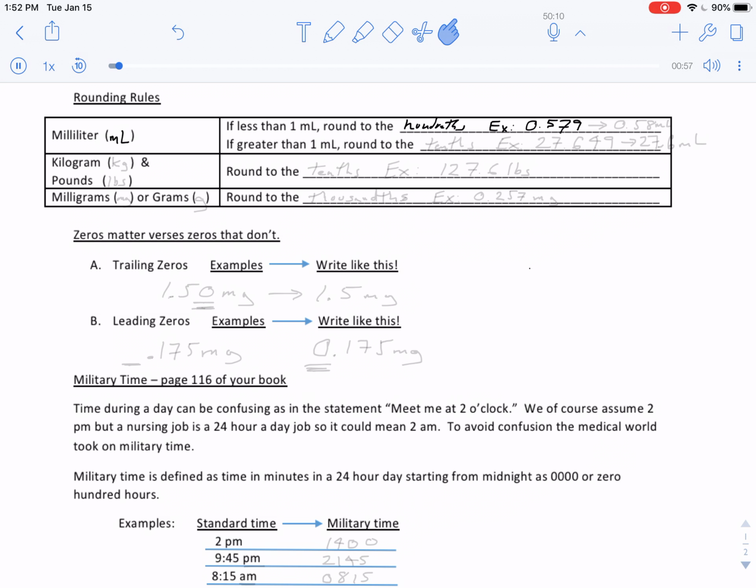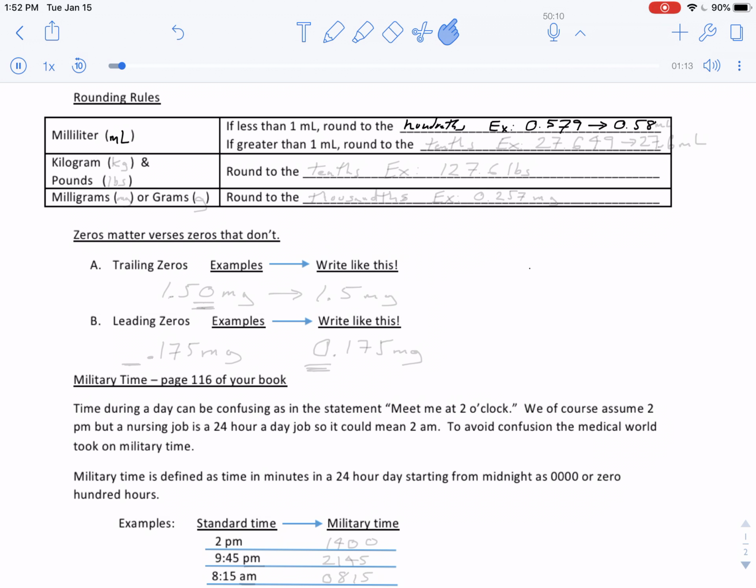Right? This is not a hundredths place, but the 9 is in the thousandths place. So if we want to round that appropriately, since 9 is more than 5, we round to 0.58. Round the 7 up.